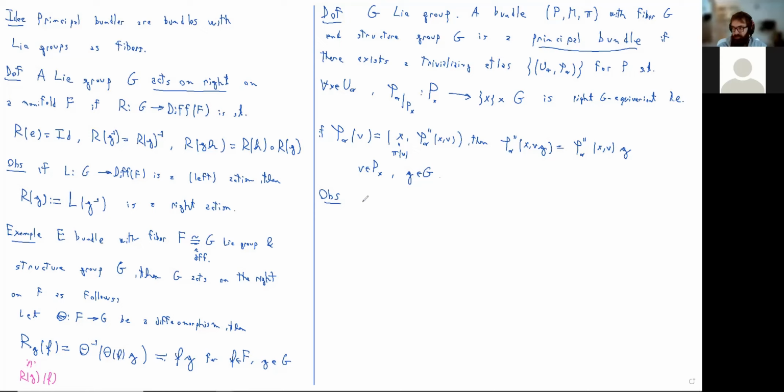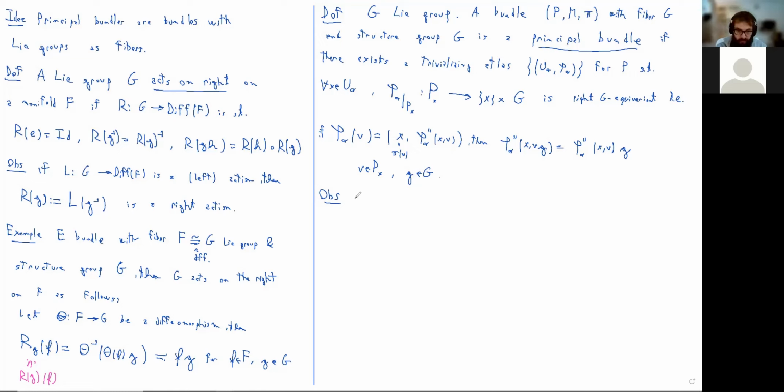And the observation is that these two actions commute, in the sense that it doesn't matter if you first multiply by the left and then to the right, or first to the right and then to the left. So, there was a smart way to write this.